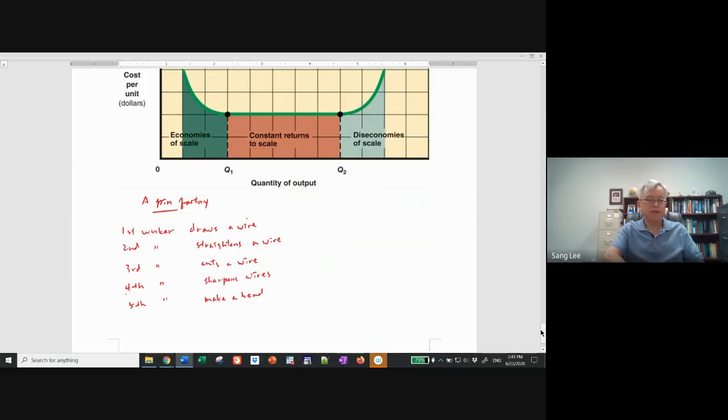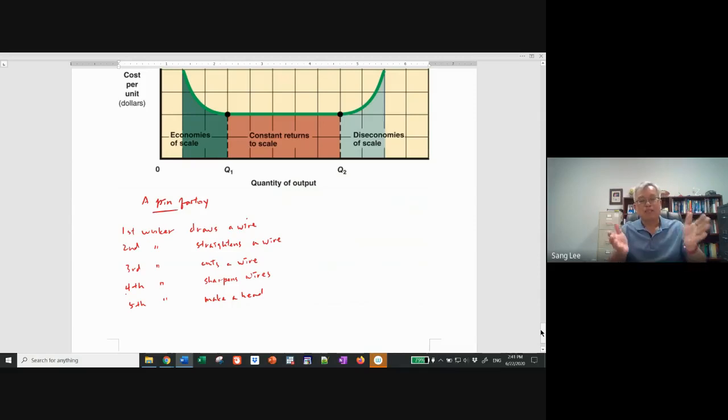So when each worker is just specializing in a particular production process, then what? They will make fewer mistakes, and their work will become more and more efficient. That means they can produce more in any given amount of time.